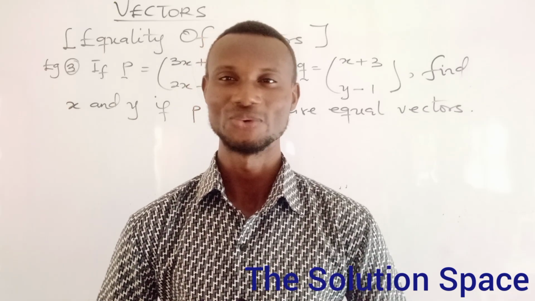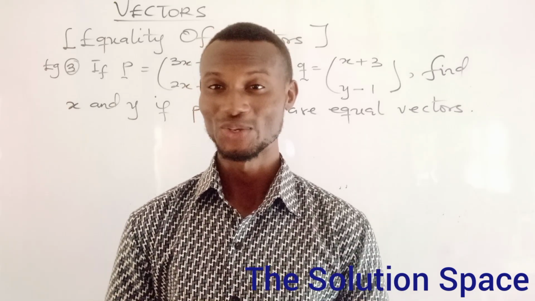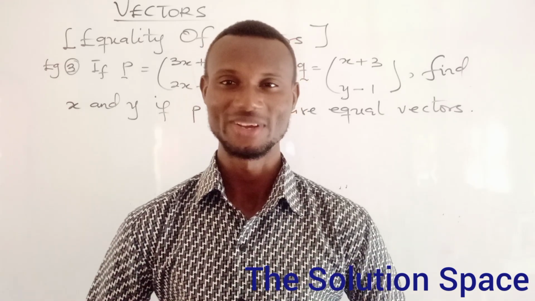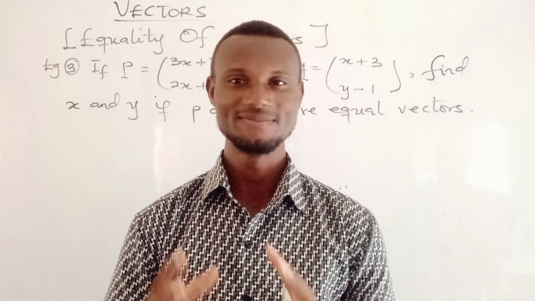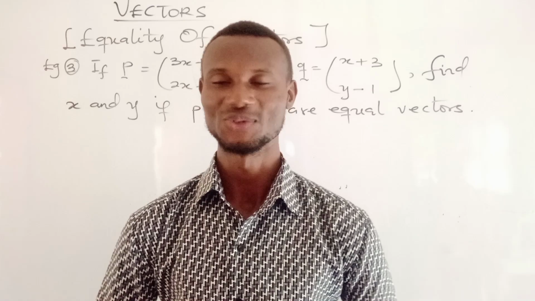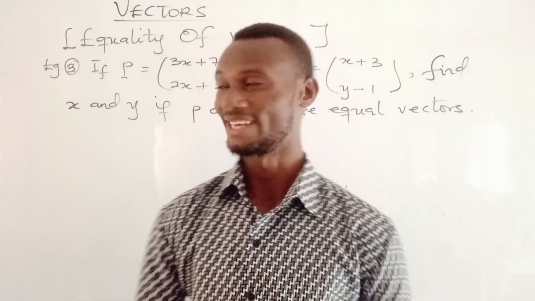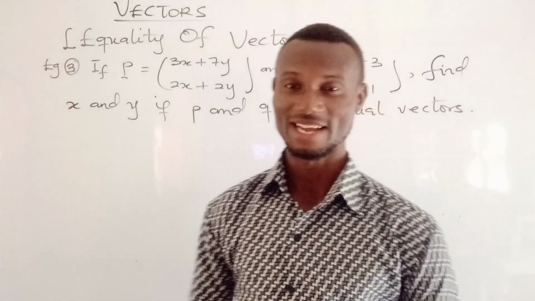And I hope you understood it and you enjoyed the lesson as well. So this is a continuation to solve another example with you so that you get a better understanding of it. So this is example 3, as you can see from the board.